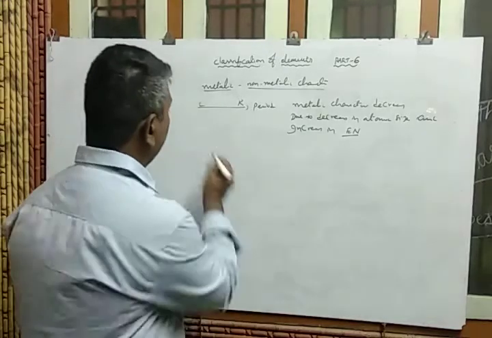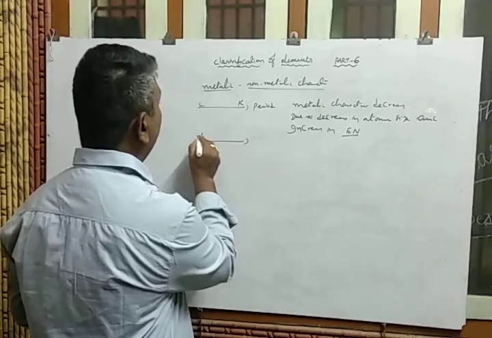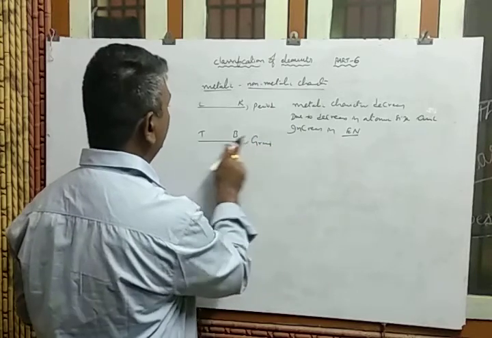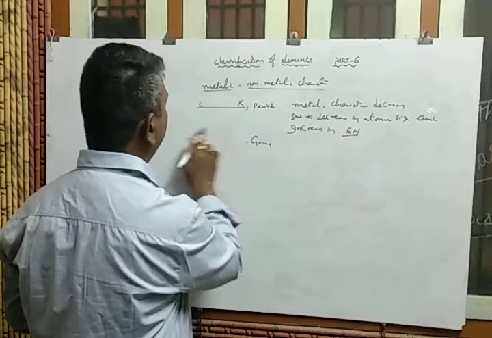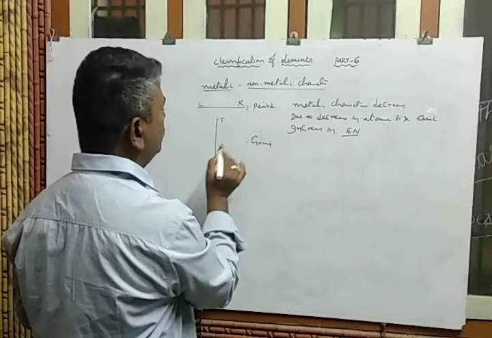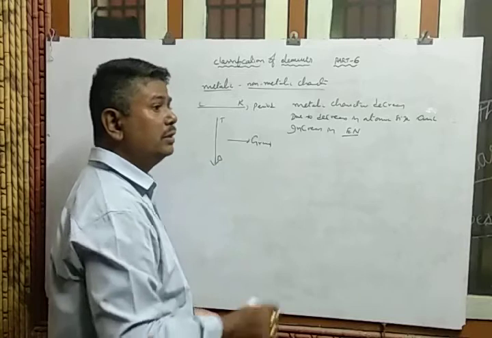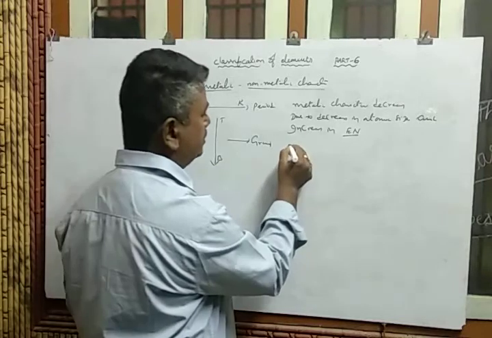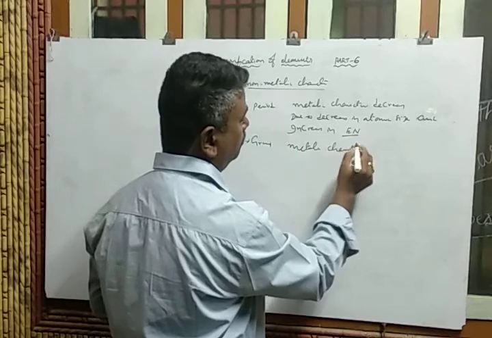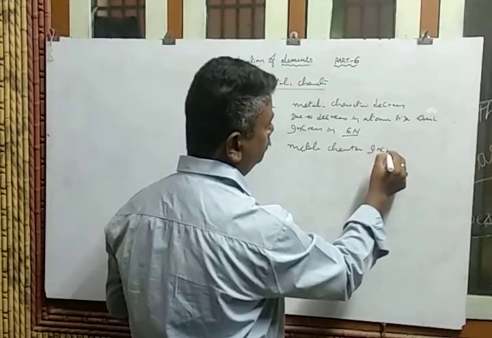Whereas from top to bottom in a group, while you are moving like this, what happens? The metallic character increases.